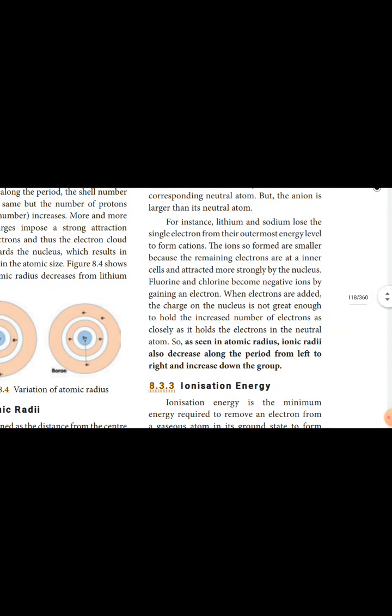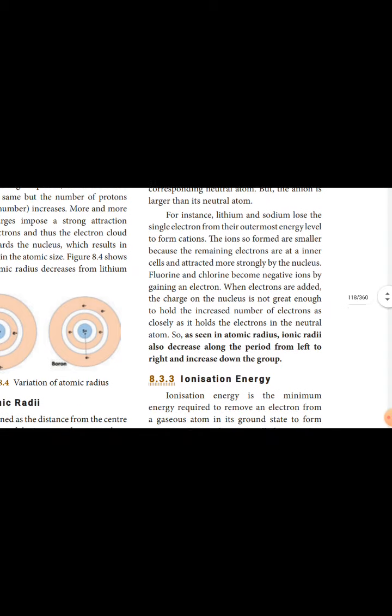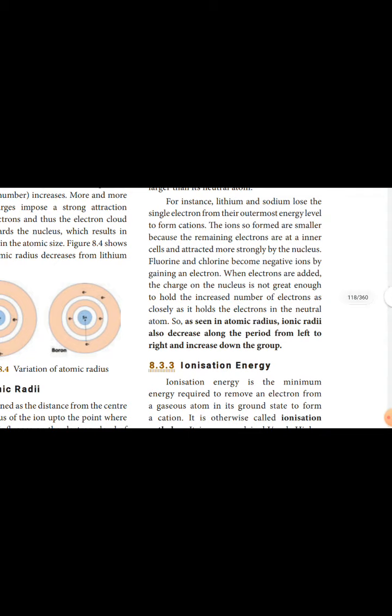Then if we take non-metals like fluorine and chlorine, these ions become larger in size because they gain electrons. When electrons are added to the shell, the charge on the nucleus is not enough to hold the increased number of electrons, but the charge in the nucleus is going to be the same.